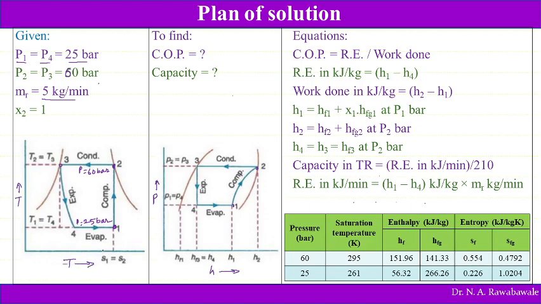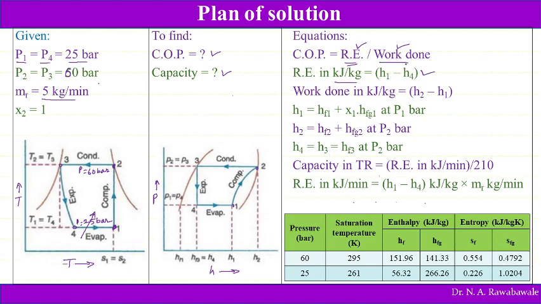Now he is asking us to find the coefficient of performance and the capacity. The coefficient of performance, as we define, is refrigerating effect divided by work done. Refrigerating effect is the amount of heat absorbed during process 4 to 1, which is the enthalpy difference H1 minus H4, given in kilojoules per kg of refrigerant.